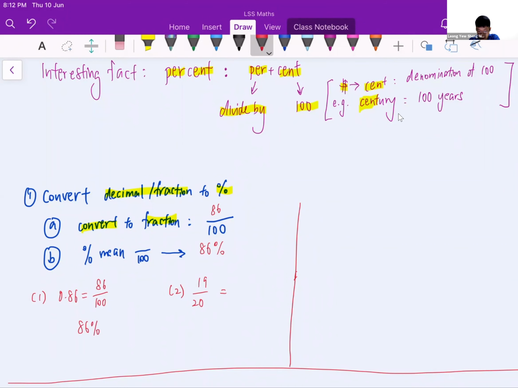If I get a fraction, I might want to convert the denominator to 100 first. So I get 95 over 100. And since I have already converted to a fraction with 100 as the denominator, it will be 95%. So actually, there's a shortcut.